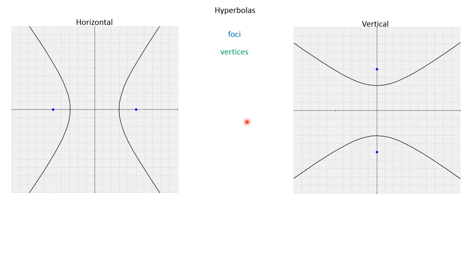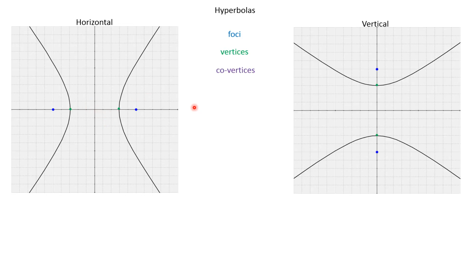We have vertices, which are going to be right where we think that they would be, where they would be if it was a parabola. Notice in hyperbolas, the focus is further away from the center than the vertex, where in an ellipse, it's closer to the center than the vertex.